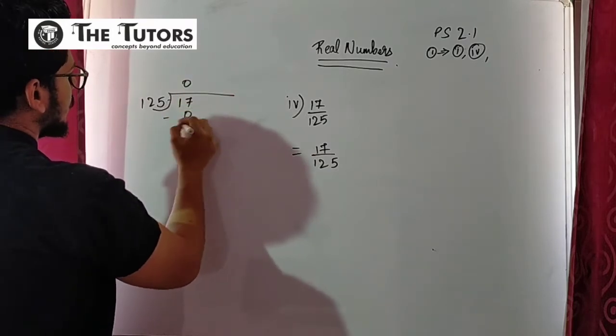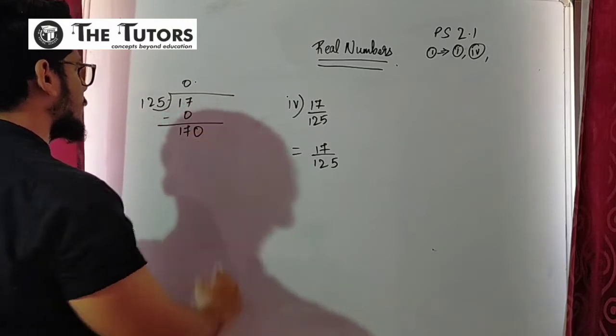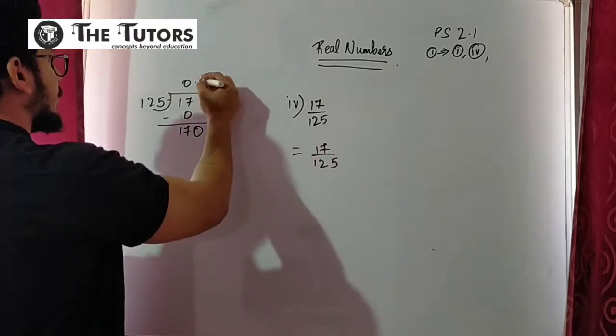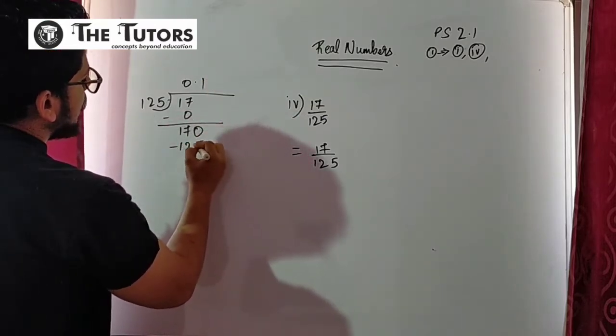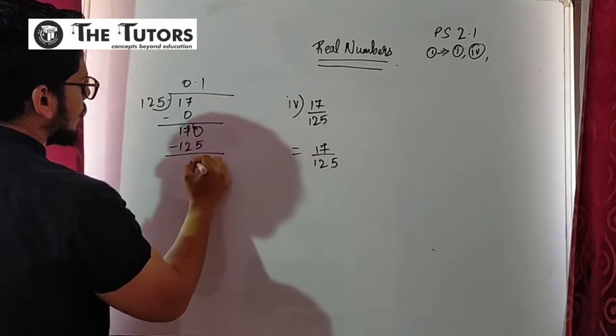125 zeros are 0. You have 17. You give a point. Here goes 1. Then you take the nearest multiple of 125, which is just 125. 125 ones are 125. 10 minus 5 is 5. 6 minus 2 is 4.